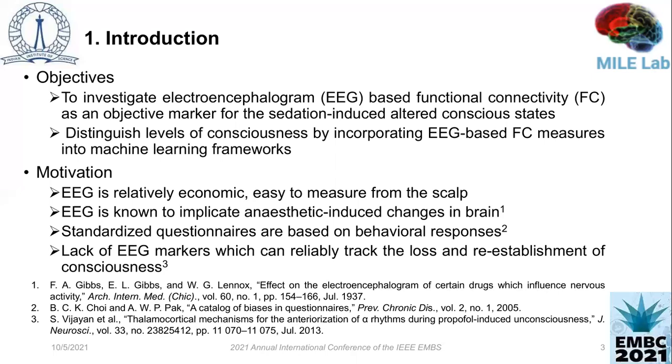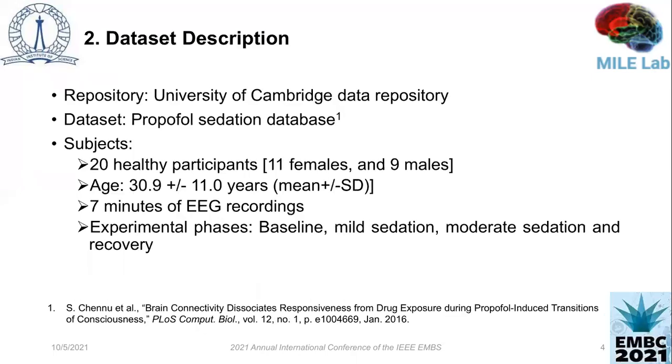For this study, we used the propofol sedation database available for public access in the University of Cambridge data repository. The dataset has EEG recorded in 20 healthy participants of age 30 and standard deviation 11. They were given the sedative propofol.